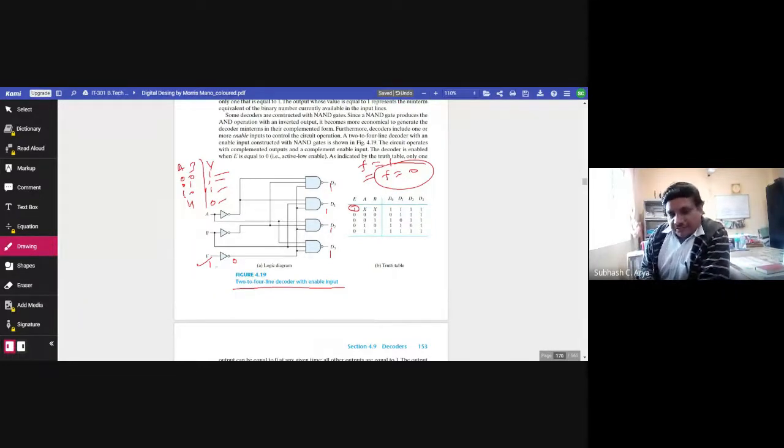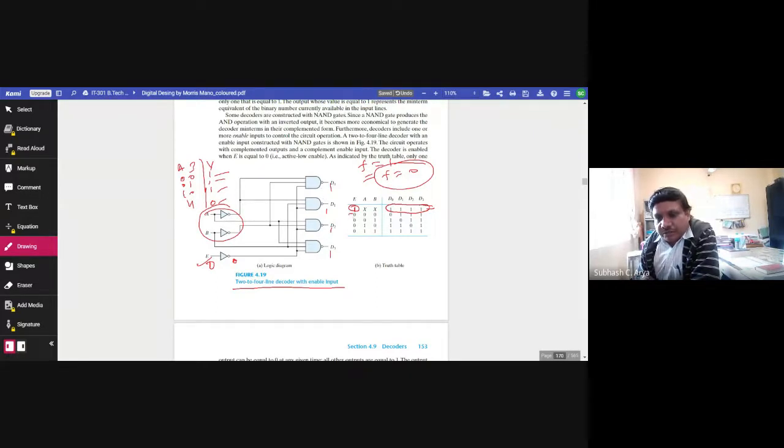Now let us check. If enable is 1, irrespective of A and B, whether it is 0 or 1, it doesn't matter. It means the circuit is disabled and all gates are giving 1, 1, 1. It means it is not functional. It is disabled. Now, if E is 0, then based on A and B, you will get the output.